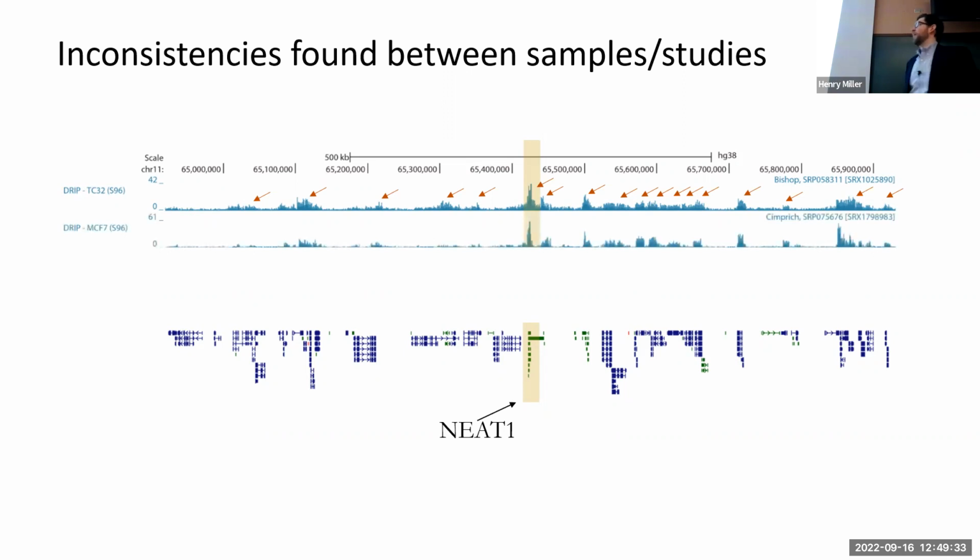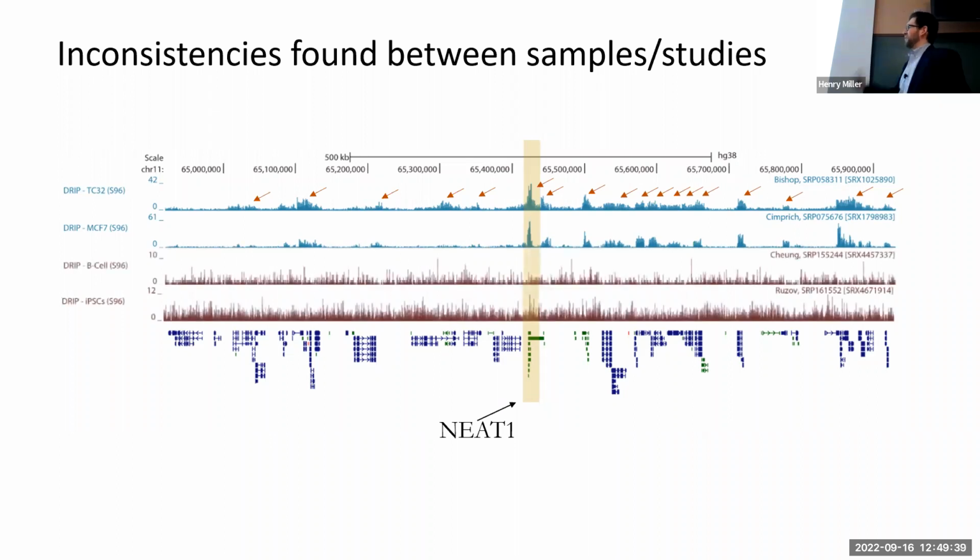See, another sample from a different study also maps that R loop, and yet we see two other samples from two different studies in red here that not only seem to fail to map the NEAT1 R loop, but also don't seem to map any R loops across this entire region of the genome, thus suggesting very strongly that they are not actually mapping R loops.